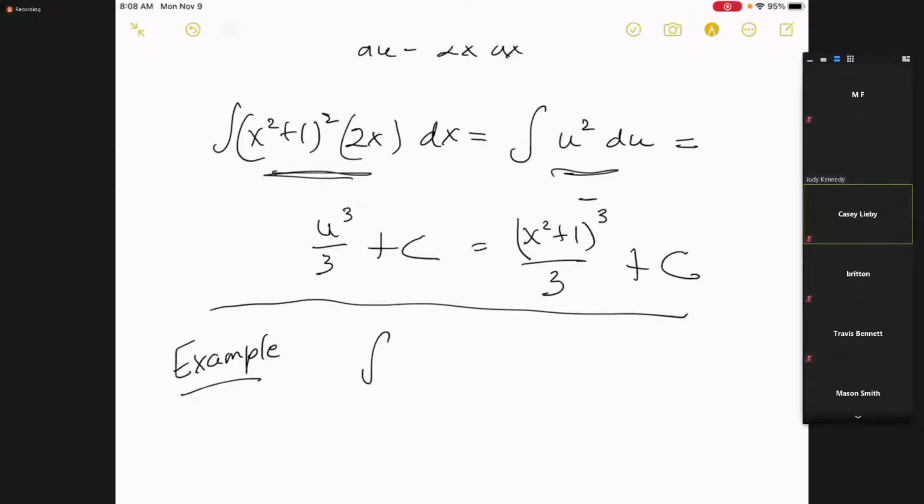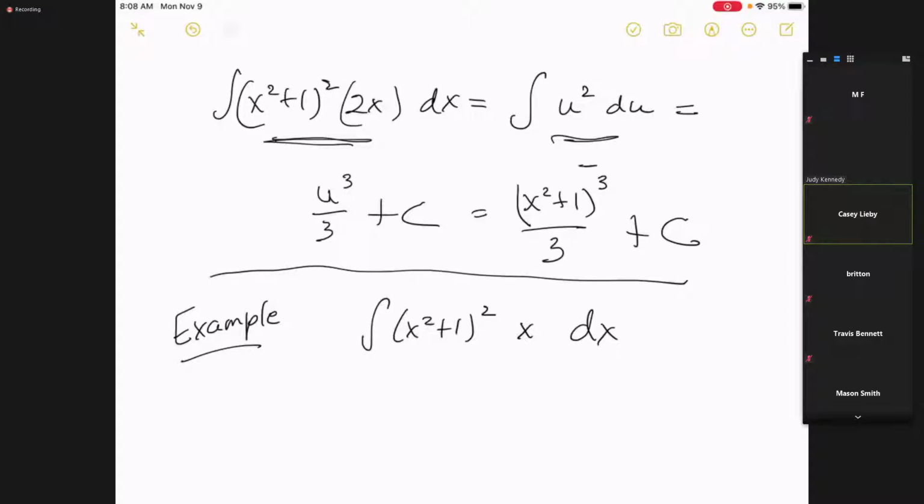If I had the integral of x squared plus 1 squared times x dx, well, the derivative of x squared plus 1 is 2x dx, and I don't have that 2. But that 2 is easy to put in and take out.